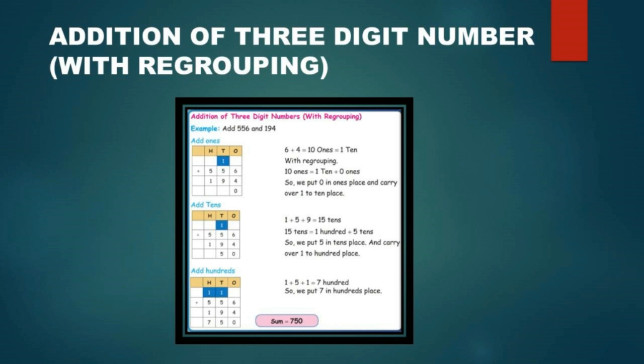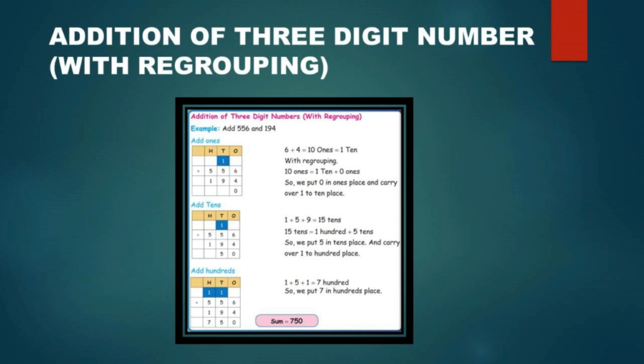Let us see addition. We must start from ones place. 6 plus 4 is 10. The answer is 10. So, we must put 0 in ones place and carry over 1 to tens place. Then go for the tens place.